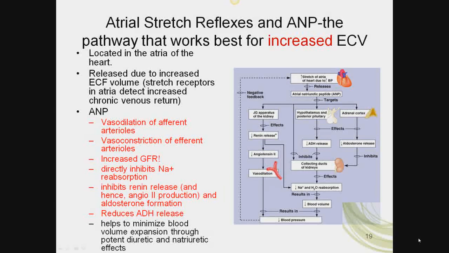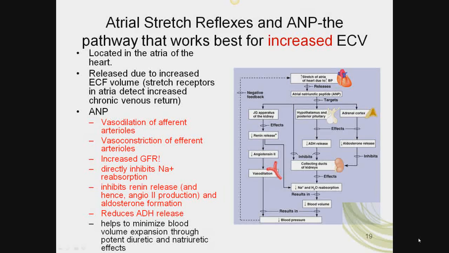The atria release this ANP, and ANP causes vasodilation of the afferent arteriole. That means more blood flow arriving to the glomerulus. It also leads to vasoconstriction of the efferent arteriole. Between these two, we're going to have increased GFR because of increased glomerular hydrostatic pressure.